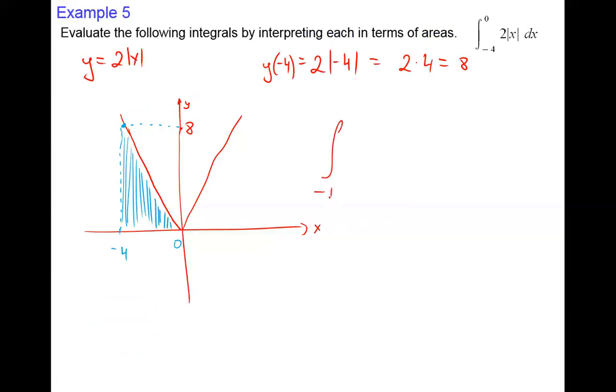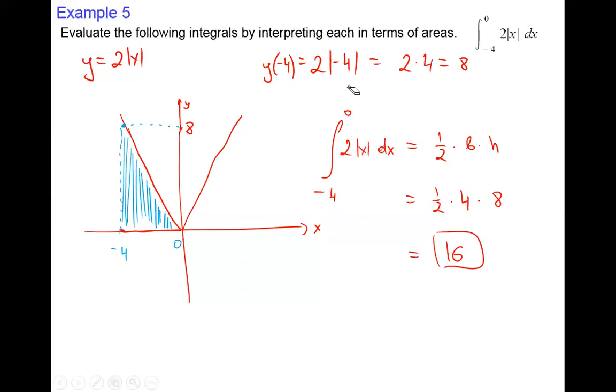That means the integral from -4 to 0 of 2 absolute value of x dx equals 1/2 base times height, 1/2, and base is 4 units and height is 8. 16 is the final answer. We may also use the property of the integrals, and we can put the constant outside the integral and just focus on the function absolute value of x.